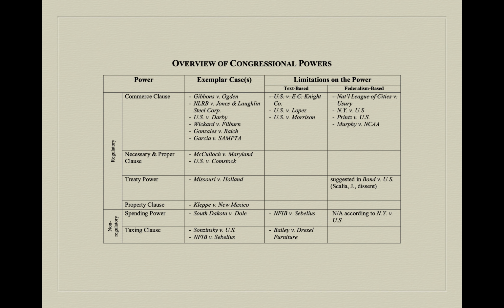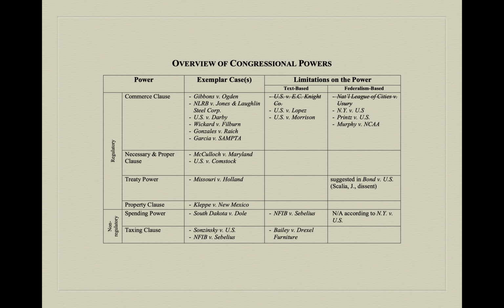So these would be cases where the court says, yes, you are regulating commerce, but there's another reason why the statute is constitutionally invalid, and this is where the court gave a number of different explanations. It's a structural reason, or it's a 10th Amendment reason. It's essentially a federalism-based reason. I think I also called it in class the last time we met a non-textual or an external reason.